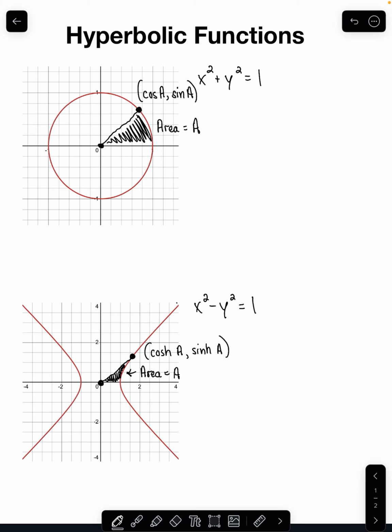So in this way, we can define the hyperbolic cosine and the hyperbolic sine in a very similar way to what we saw in the trigonometric functions in the unit circle. In fact, this even readily extends to the tangent.